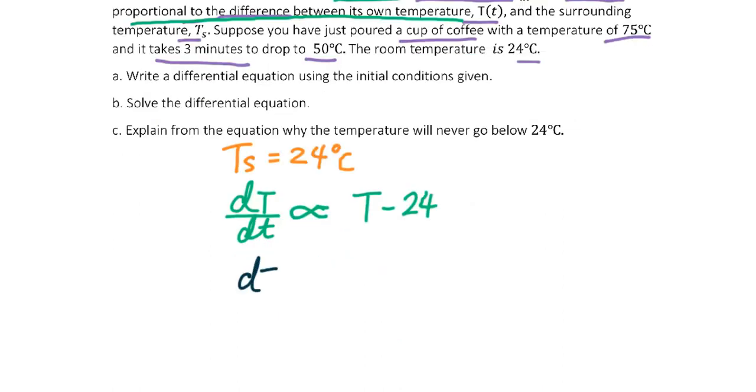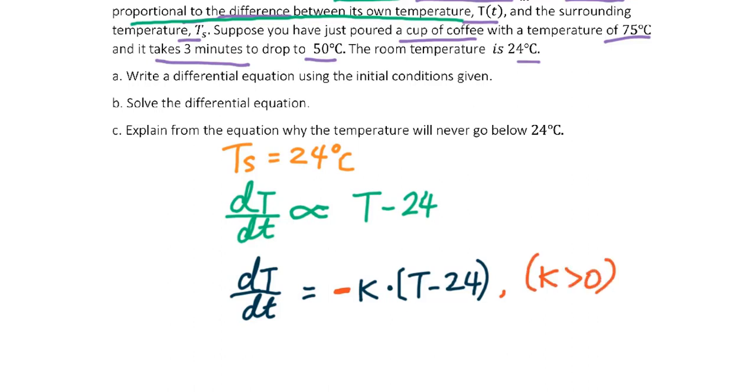Then we can write dT/dt equals a constant k times (T minus 24). Since the temperature is dropping, there will be a negative sign before k, and k is greater than 0.